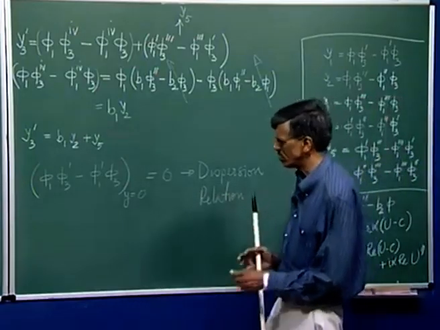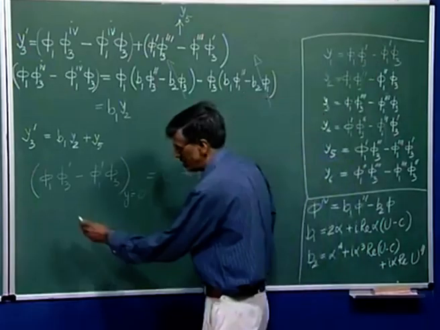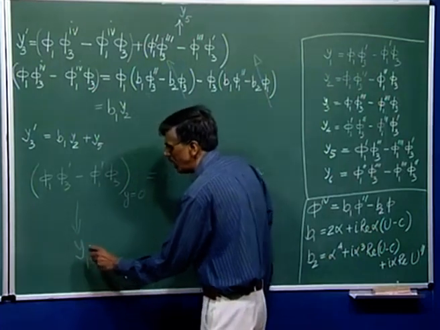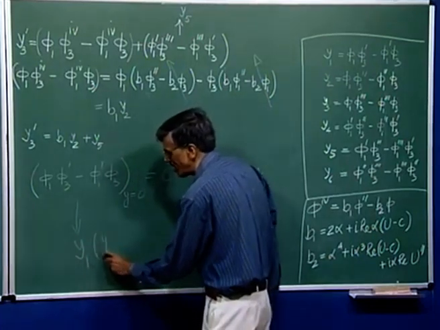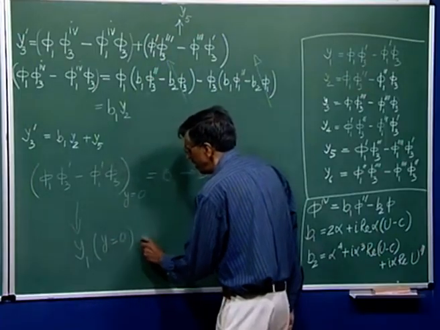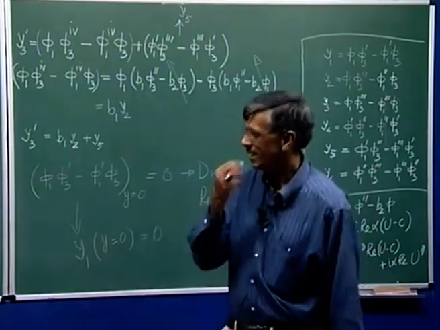And what is this? Look at the definition. This is nothing but y 1. So, what we have to ensure as the dispersion relation is that y 1 at the wall should be equal to 0. That is what we have said.